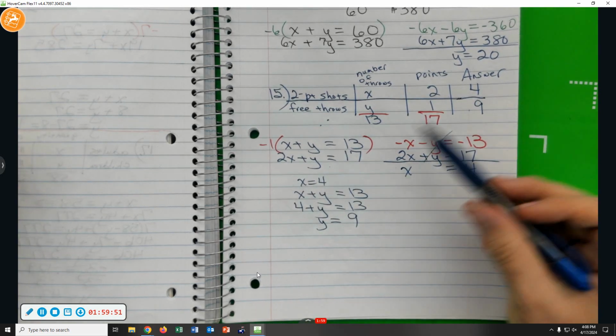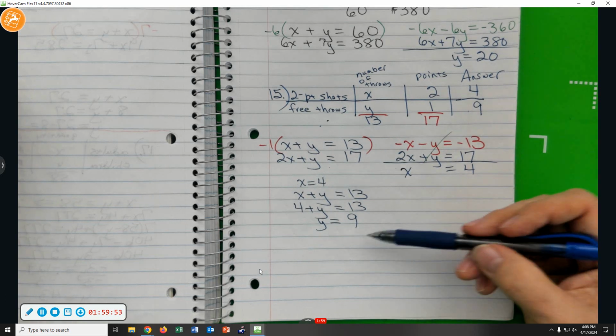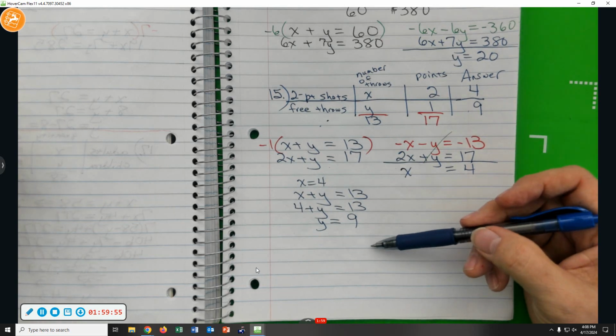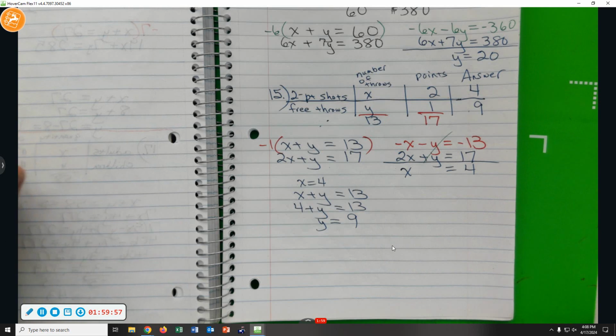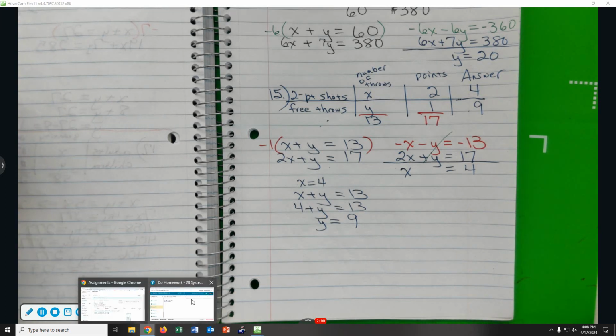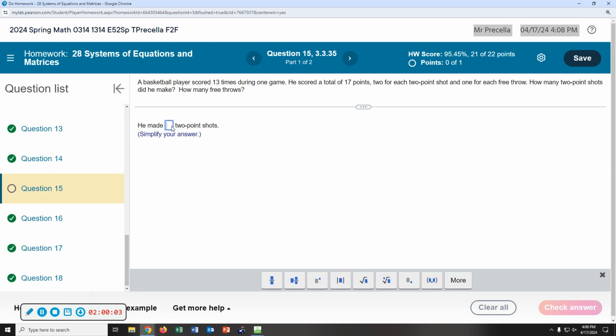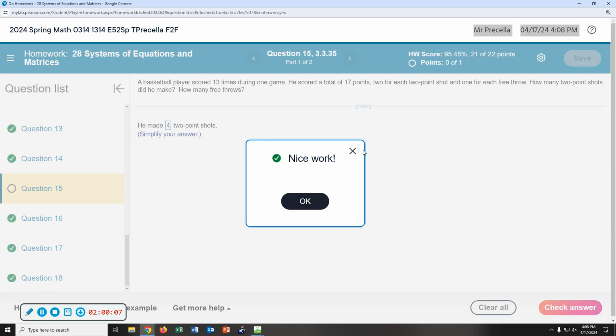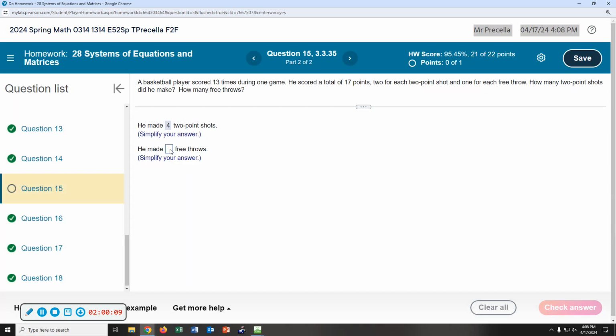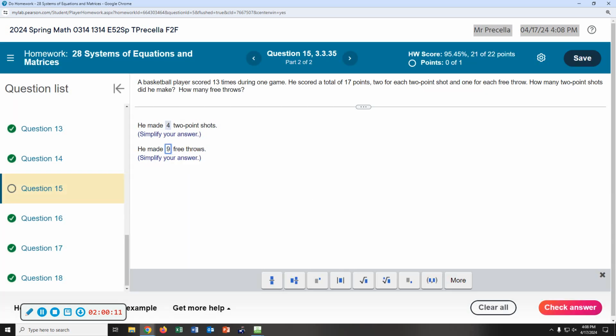Either you can logic your way through to 9, or you can use your algebra skills to get 9. Either way, the answer's the same. 4 2-point shots and 9 free throws.